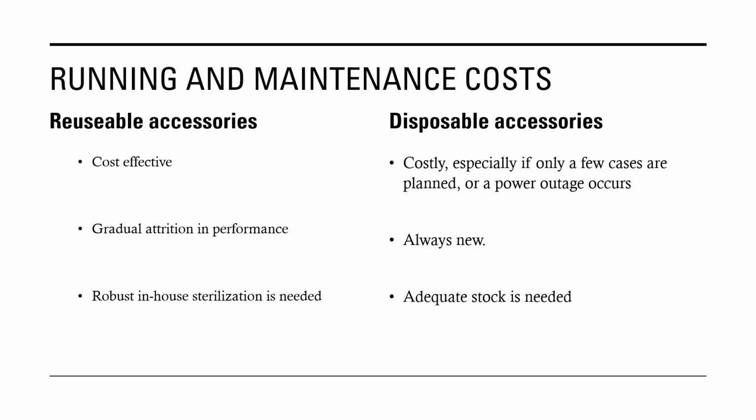And for reusable accessories, you will always need a robust and dependable in-house sterilization, which you always have, because we are not only sterilizing the machine parts, we are also sterilizing the linen and the rest of the instruments. And adequate stock would be needed if you are having disposable accessories, and this will be an added investment for the work.